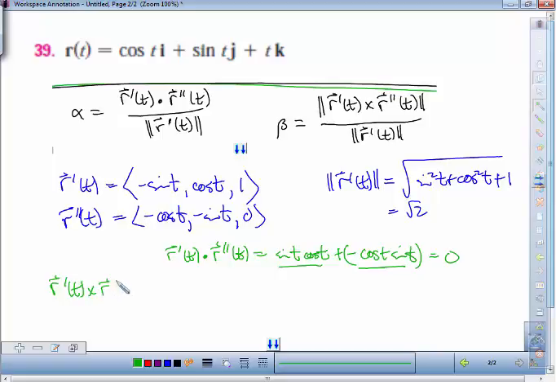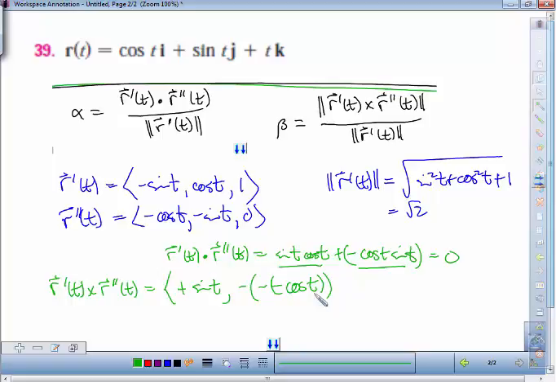All right, the next one is a cross product, r prime of t cross with r double prime of t. Now, I already have those vectors written on top of each other, so I'll just do my cross product from there. So cross out the first column. I have 0 times 0 minus negative sine t times 1. That's the first component. The middle component, I'm going to put a negative here, and then I see 0 minus negative cosine t.